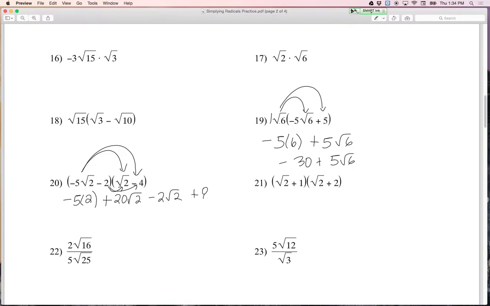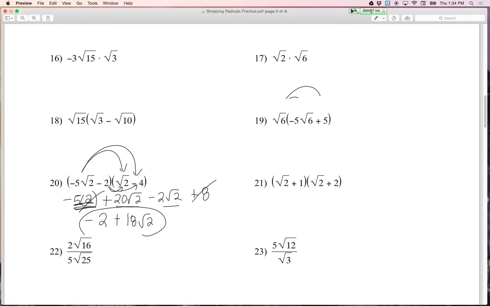Do we have any like terms? What is this going to be? What's -10 plus 8? -2. So those slash and burn. Are these like terms? Plus 18 root 2. Got it?